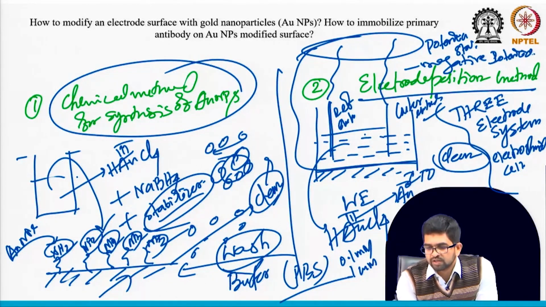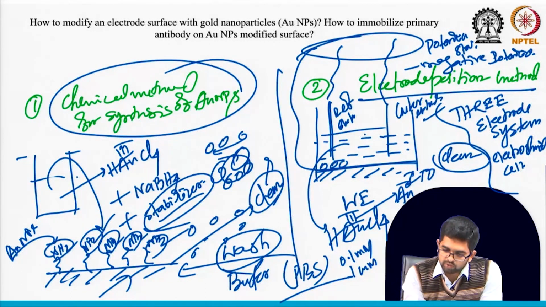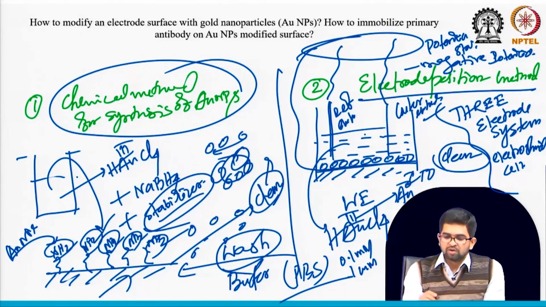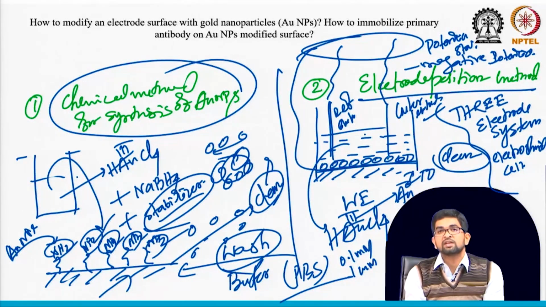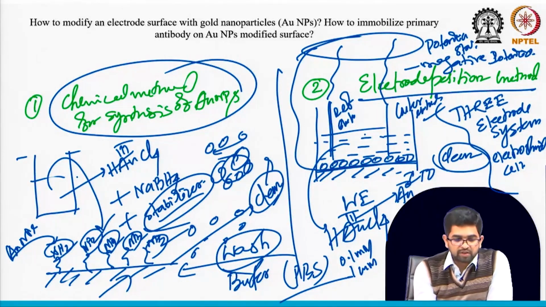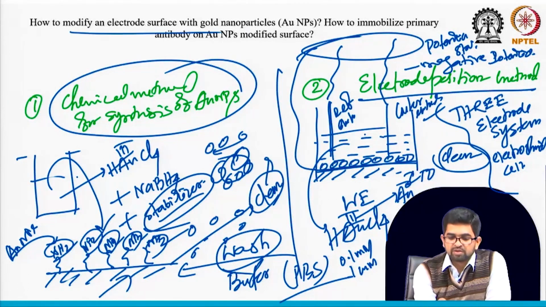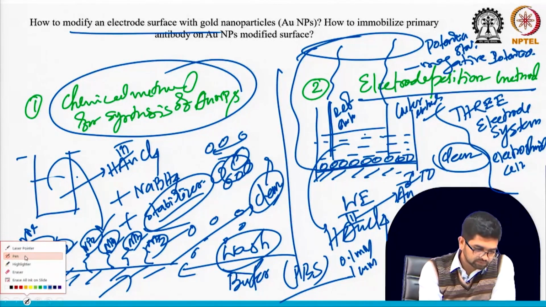So, once you apply negative potential, the gold nanoparticles will be deposited, and you will get gold nanoparticles deposited on the ITO surface. Clear? Like this way, you can modify an electrode with gold nanoparticles. So, this part is done.